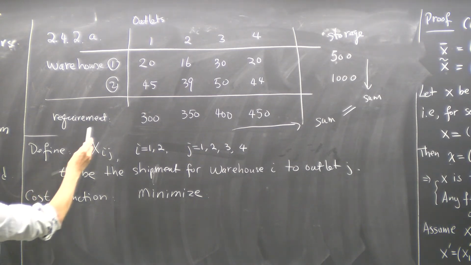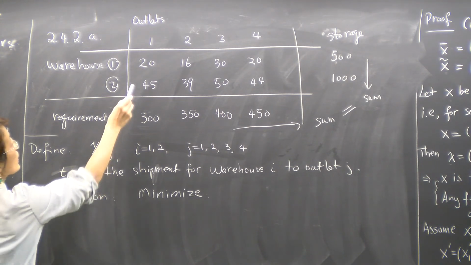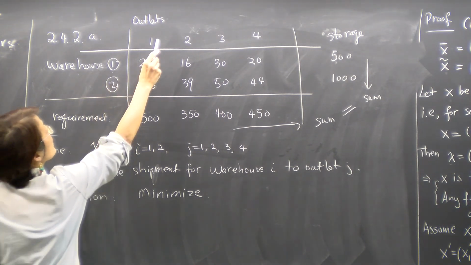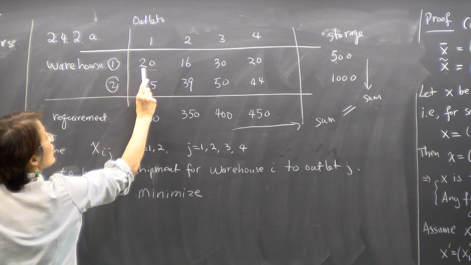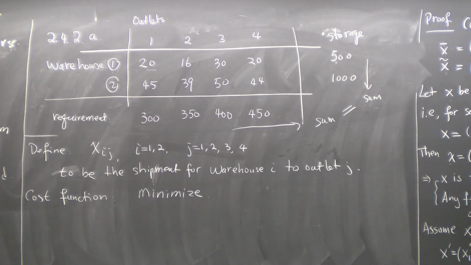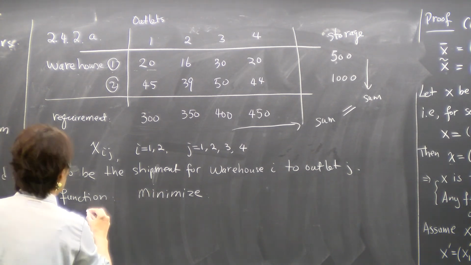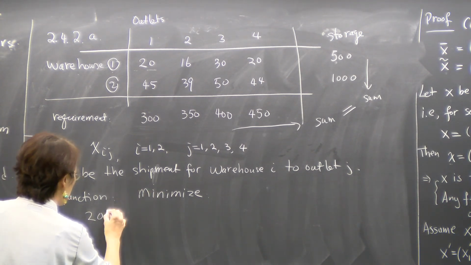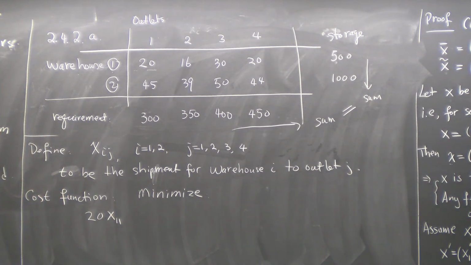So if I ship x11 unit from warehouse 1 to 1, and the cost for each unit is 20 unit of money, how much would that cost me? It's the product of those two. Is that right? 20 times that. So you just know you have to write this out. So 20 will be multiplied on x11 to figure out how much that will cost you.